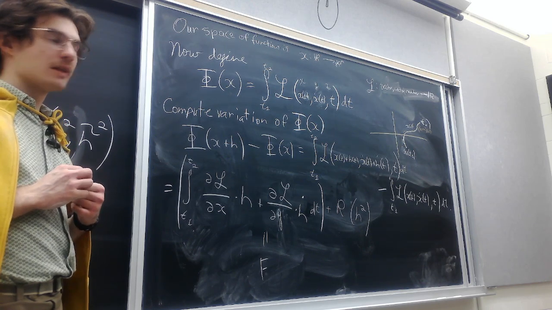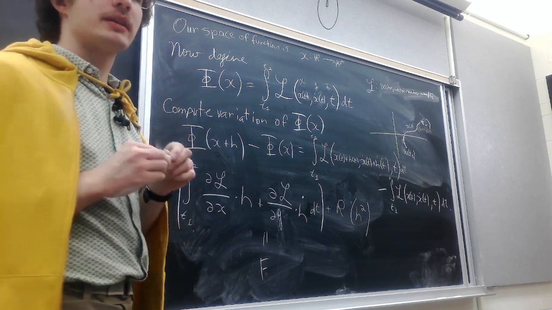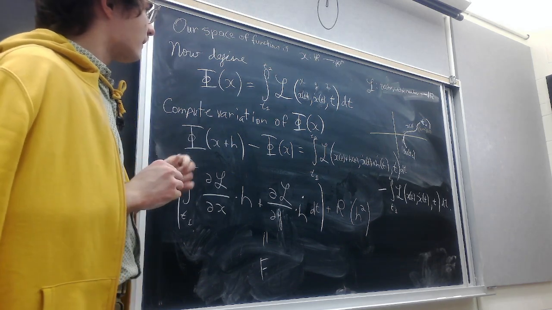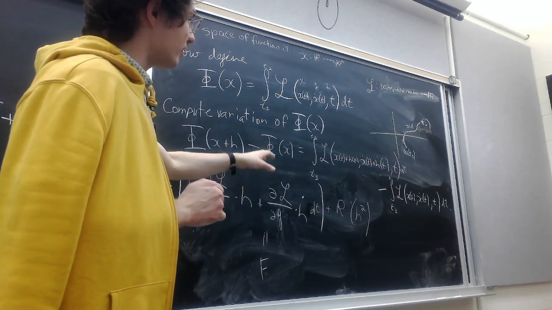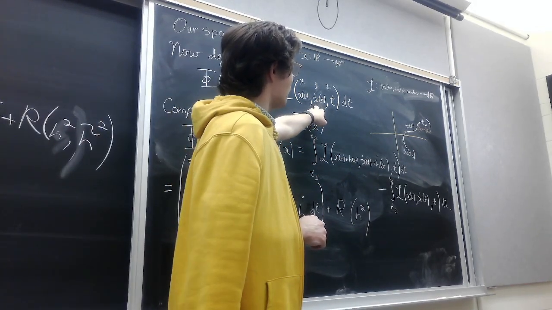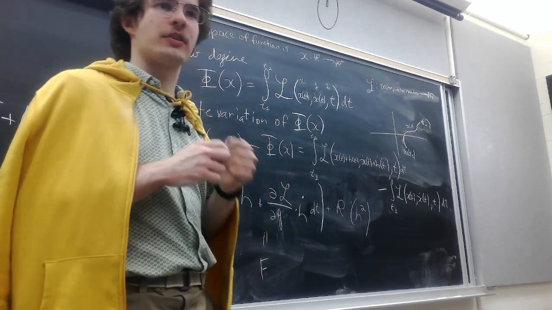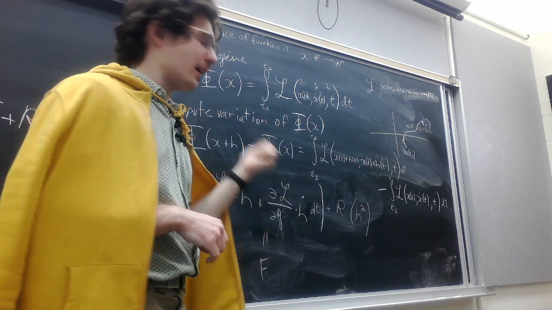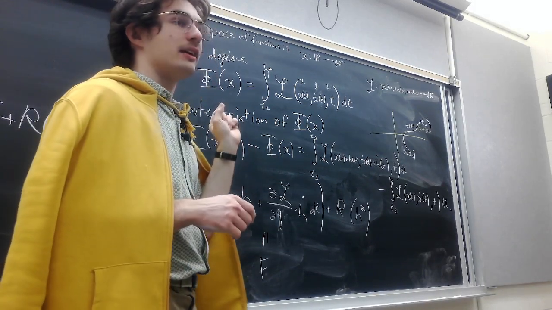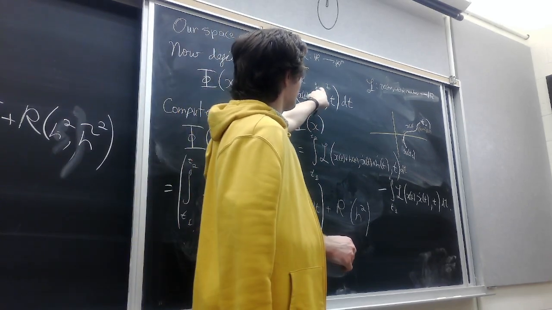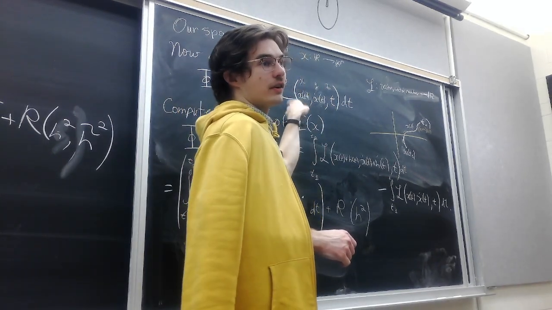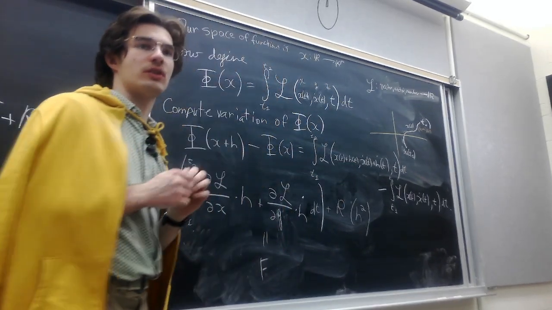Good. You're right, this is the part that confuses people. At different points of the calculation, people write x dot sometimes to mean the derivative of some function x of t, and at other times when people write x dot, they don't actually mean a derivative of the function x, they just mean the second entry into this function L. And that's what causes a lot of confusion.